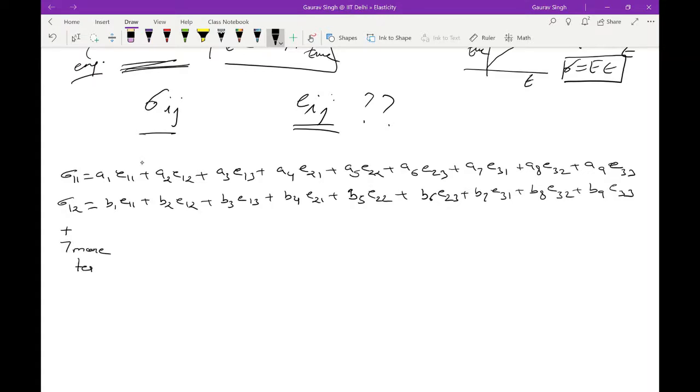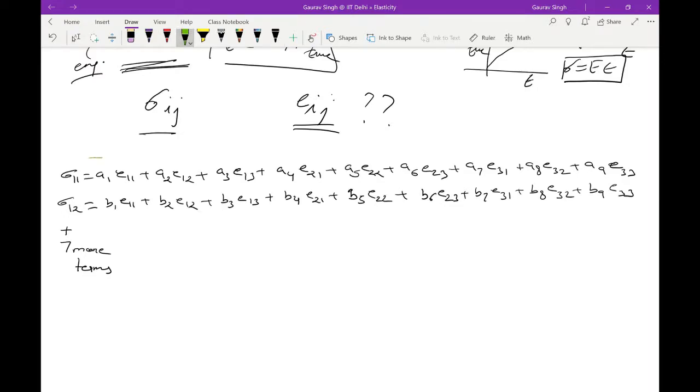Yes, I know that stress and strain are symmetric, but I'm just doing it for a full 9 by 9 system. We'll use the fact about symmetry very soon.